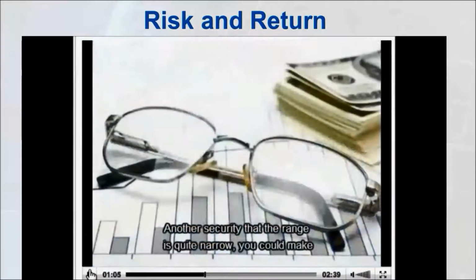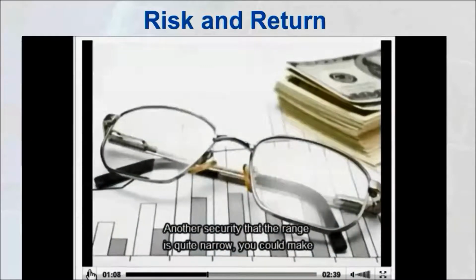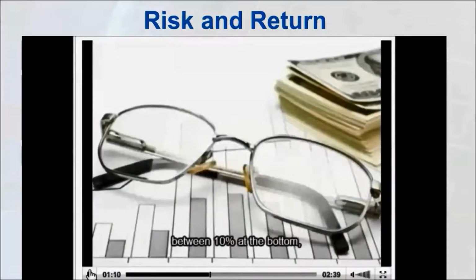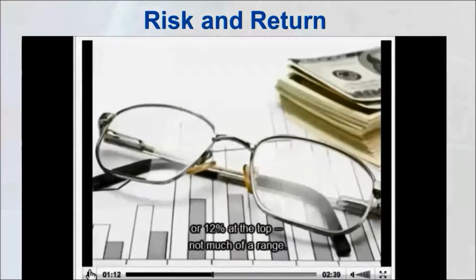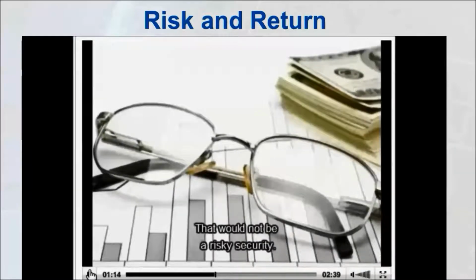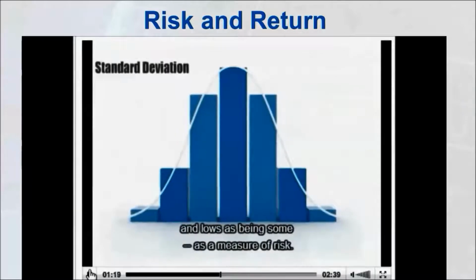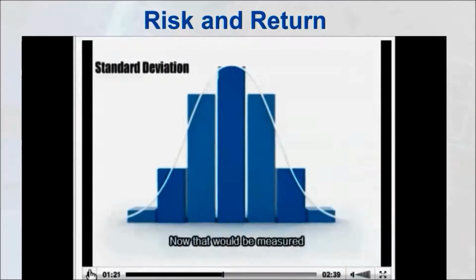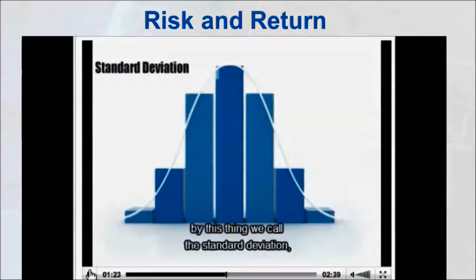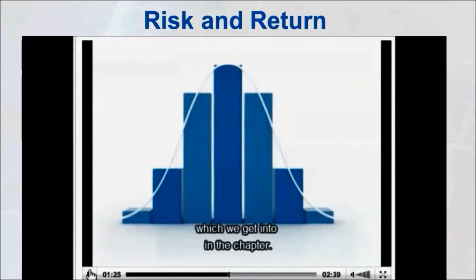Another security where the range is quite narrow, you could make between 10% at the bottom or 12% at the top, not much of a range, that would not be a risky security. So you could think about the difference between the highs and lows as a measure of risk. That would be measured by the standard deviation, which we get into in the chapter.